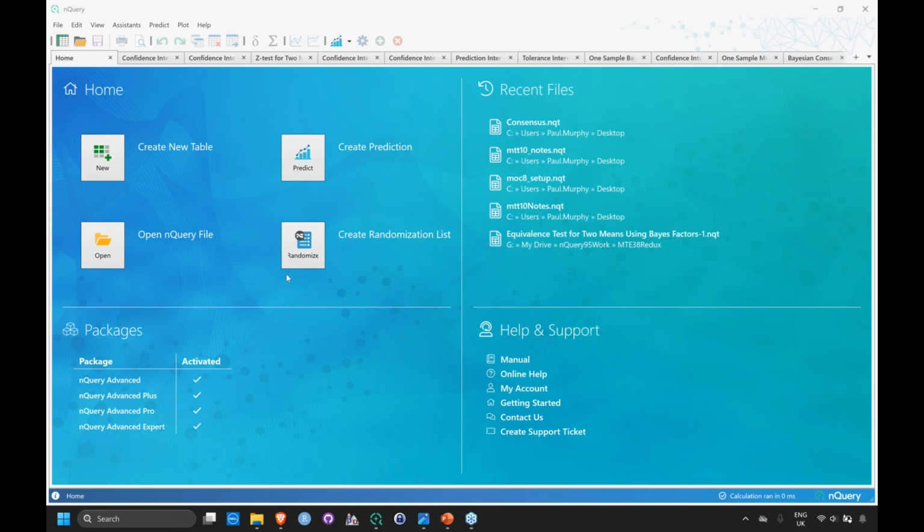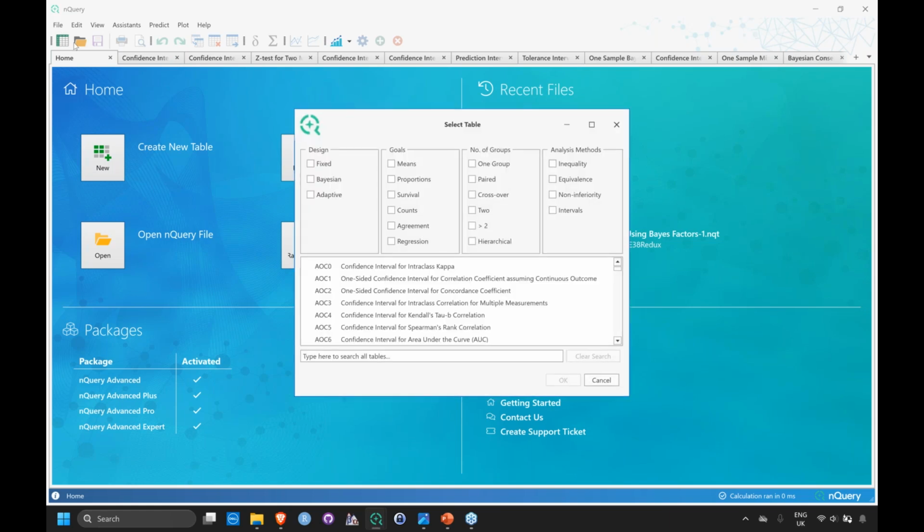Right, so for anyone who hasn't seen it before, this is the nQuery home screen. To open a table or a procedure, you'd just click New, or you go File, New, and then you'd use either the buttons or the search feature to find your test. I've already opened all of the tables that we'll be using for our worked examples today.